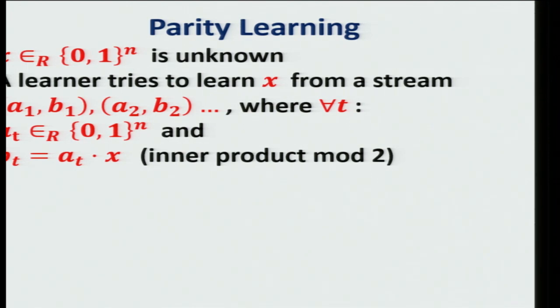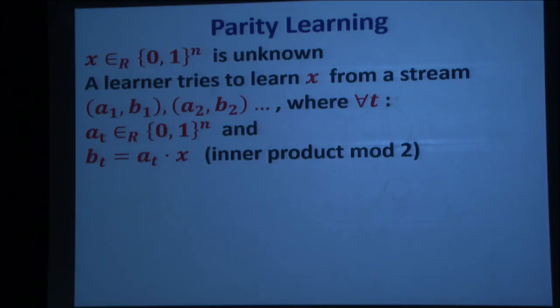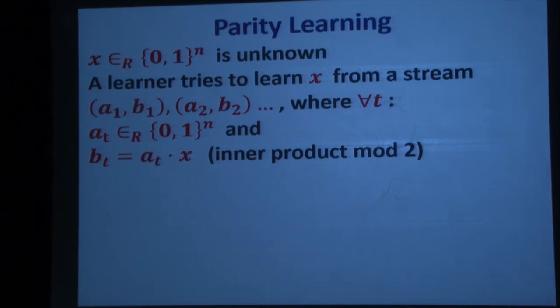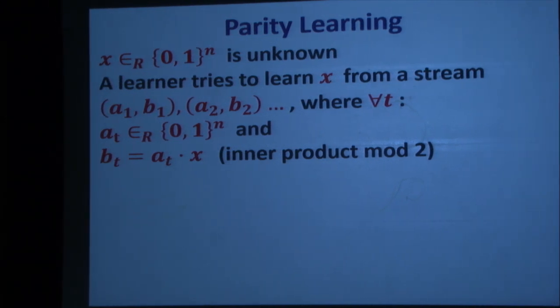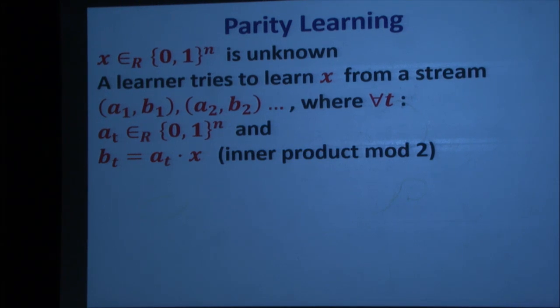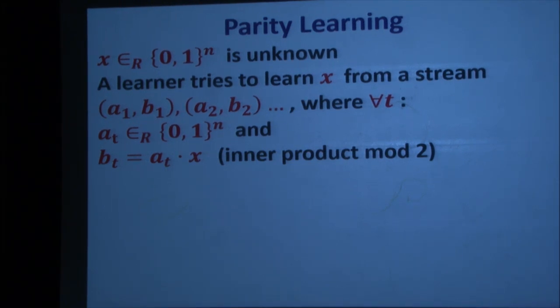So basically you just get linear equations in the variables of x over GF(2), modulo 2. And the learner has to learn x. It's very simple. There is no noise. It's just learning parities without noise. So this is the game.